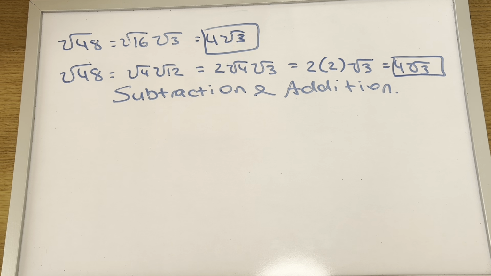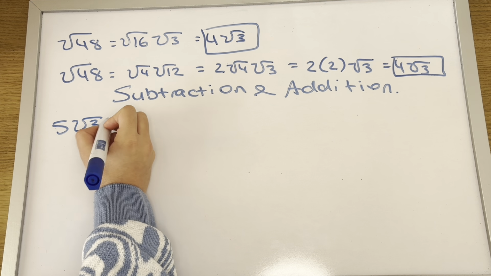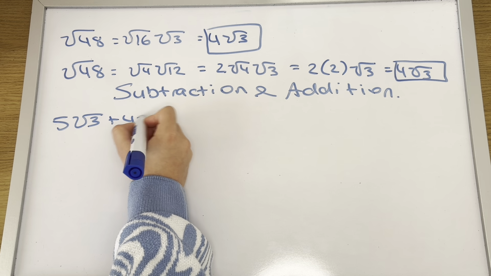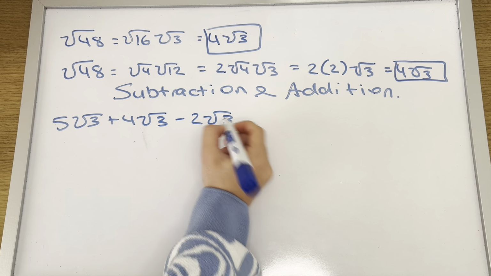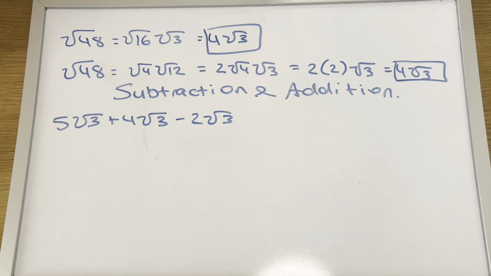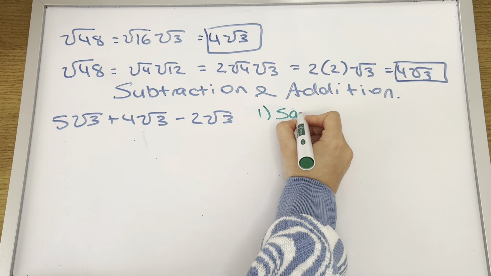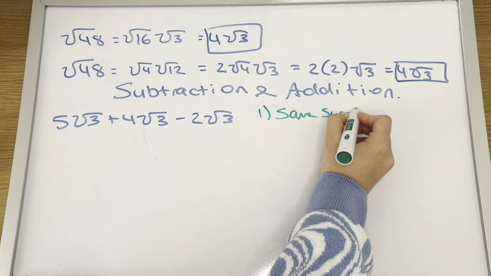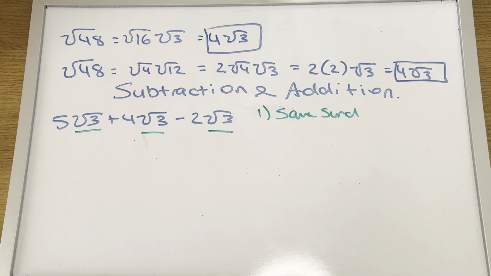Say for example, I'm given this question: 5 surd 3, plus 4 surd 3, take away 2 surd 3. Two things to keep in mind when given these types of questions. Firstly, it must have the same surd. All of these surds, the 3, 3, and 3, are all the same.